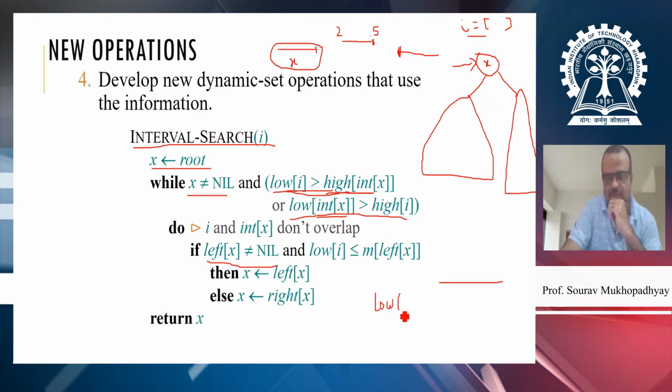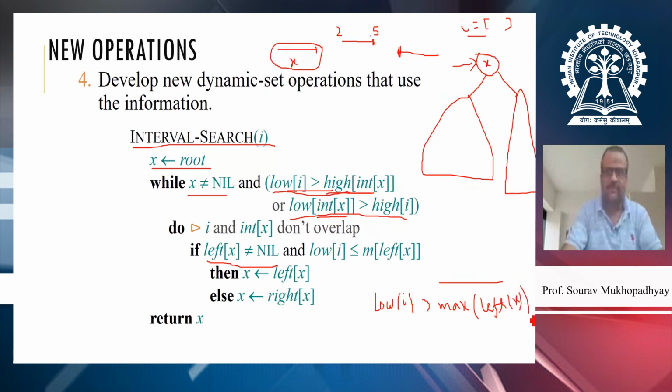If low of I is greater than max of left of x, then what will happen?